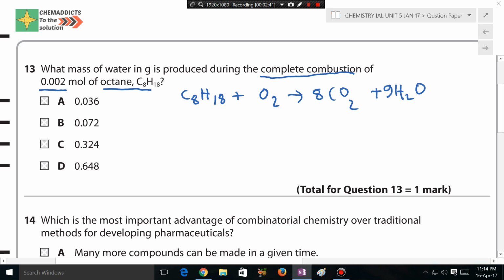So we have 25 oxygen on the right-hand side, so we should have 25 oxygen on the left-hand side. For that we introduce a fraction, 25 divided by 2, so the 2s cancel out and we end up with 25 oxygen. So the number of moles of oxygen is 25 divided by 2.